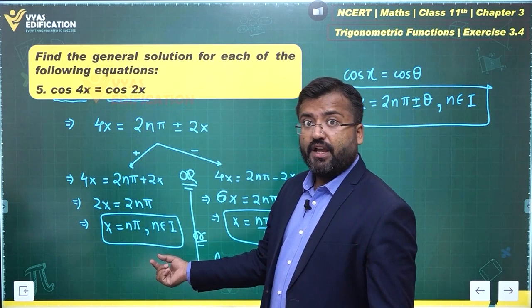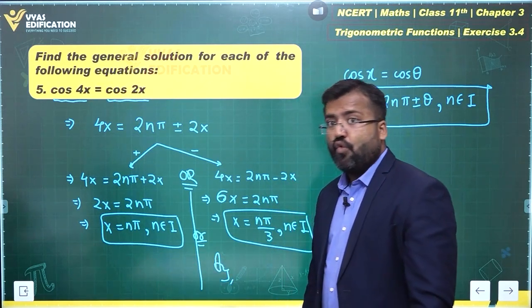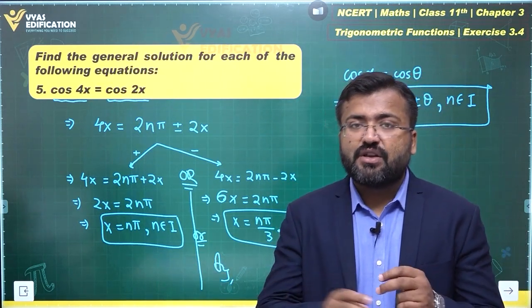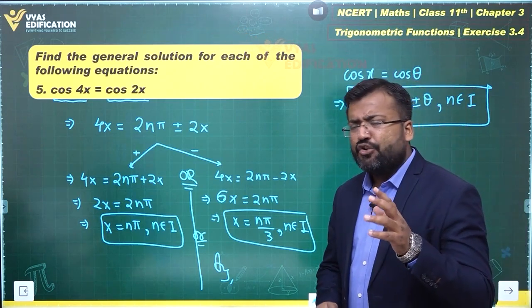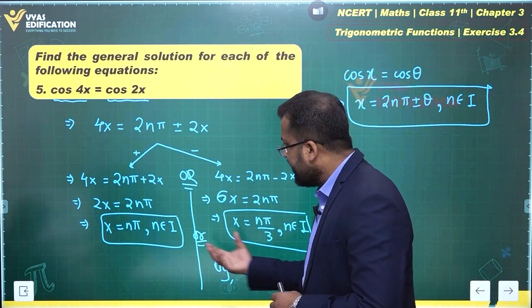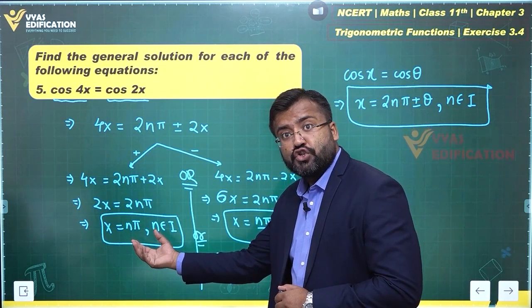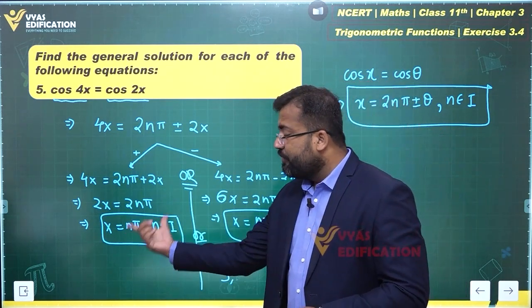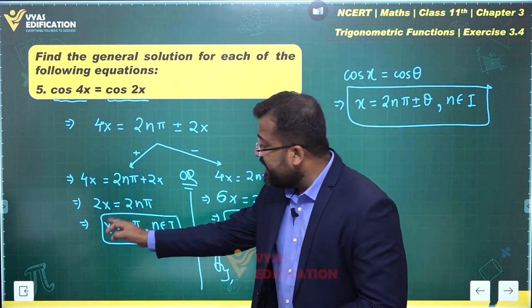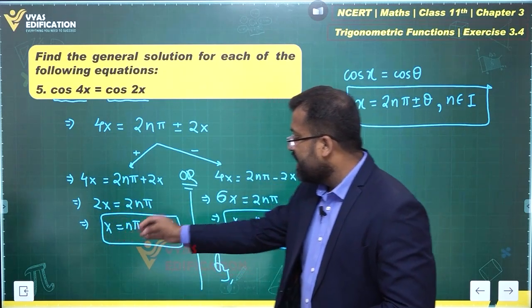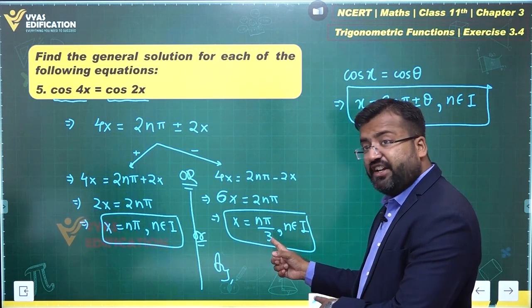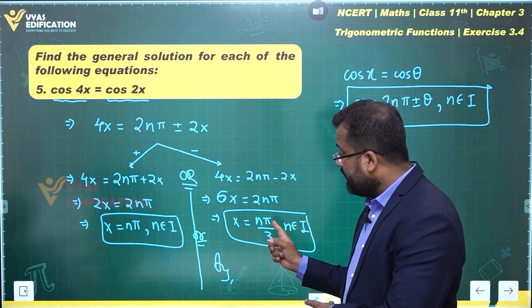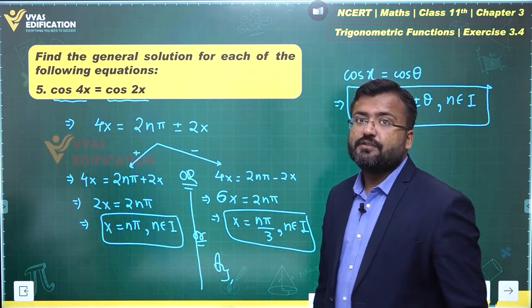Pi, 2 pi, 3 pi. Considering you have some idea about sets, do you observe that this is a superset of this? All the elements present in this are also present in this. This contains extra elements as well, but this is a much bigger set than this.